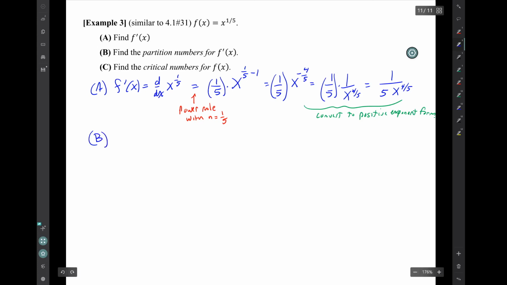Question B says find the partition numbers for f prime of x. Those are the numbers that cause f prime of x to be undefined or f prime of x to be 0. Now notice that f prime of x is a fraction, and the numerator of that fraction is the number 1. The numerator will never be 0, so f prime of x will never be 0.